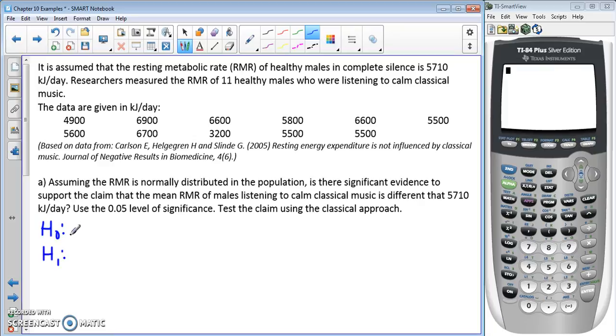We're looking at mu, and that was always equal to 5,710, and they want to know is different. So this is going to be not equal to, right?